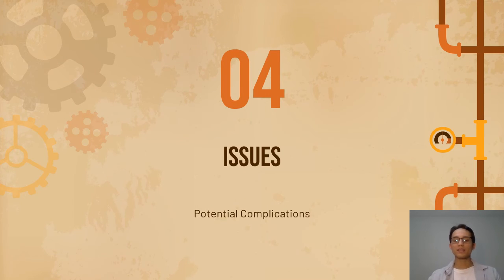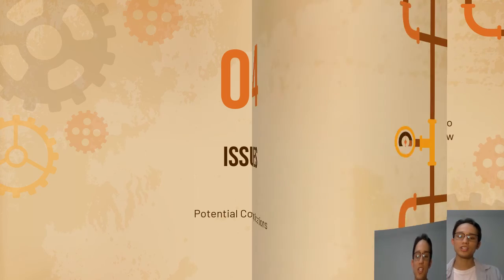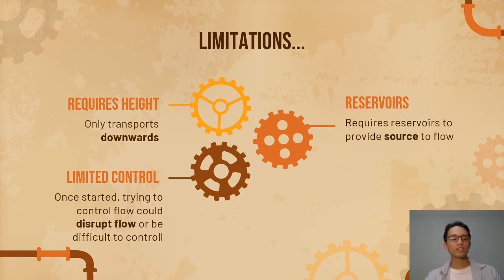Now I want to talk about some issues and potential complications. Of course, Bernoulli's equation is a great idea in order to help us understand the mechanics here. Bernoulli's equation fails once you begin to take in a lot of different factors, for example, viscosity and internal losses. But also, it requires some height and will only transport downwards, of course, since it transports from a higher place to some lower place.